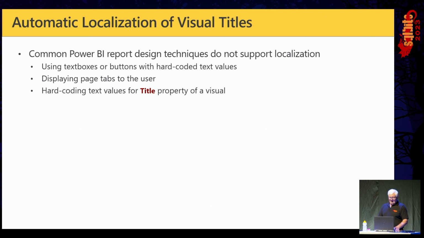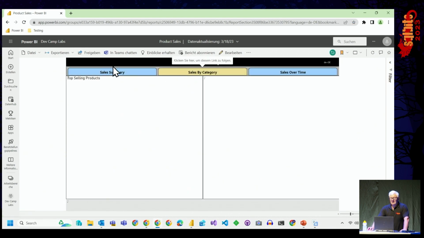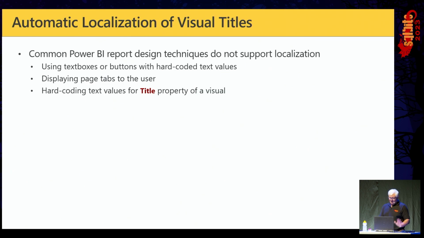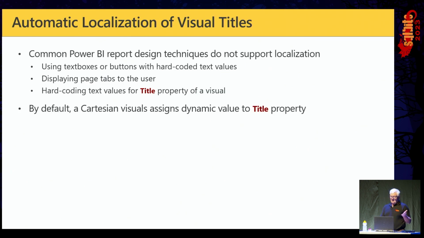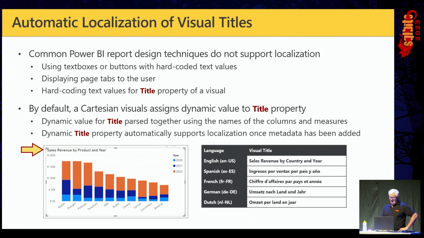Also, if I go back to this report here, I just use the default title of a visual. Looks great. Over here, I hard-coded a title in, and that doesn't translate. So once again, you can't hard-code any text in. Sometimes, if you just leave a visual alone, it will do the right thing. Other times, it doesn't, and that's what I'm trying to show there.